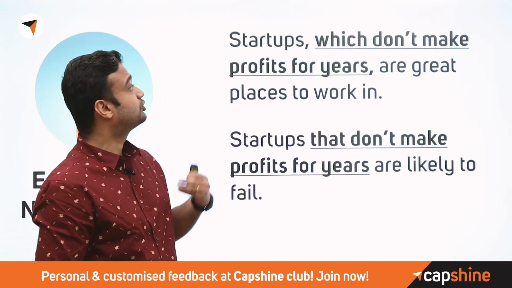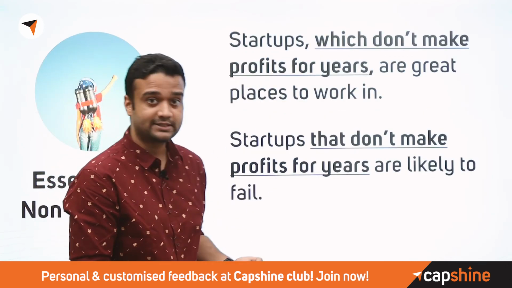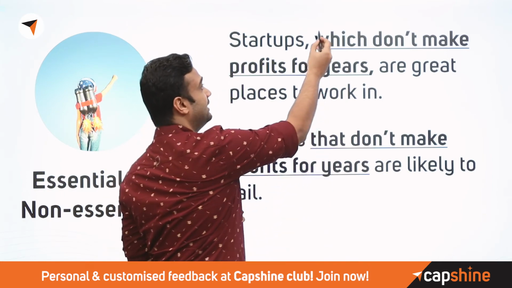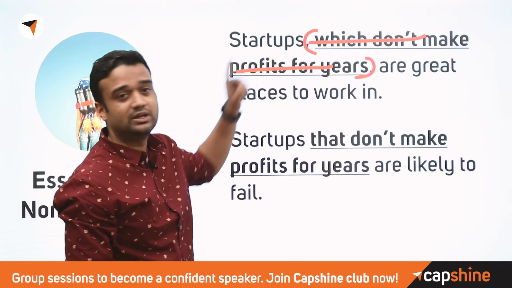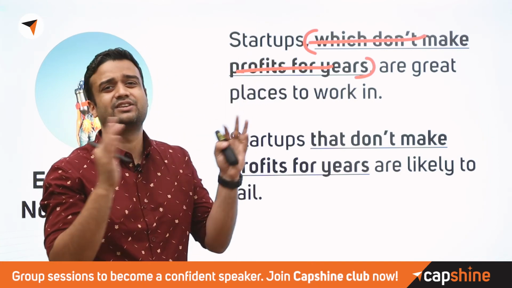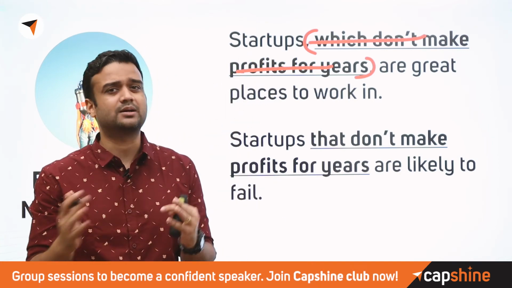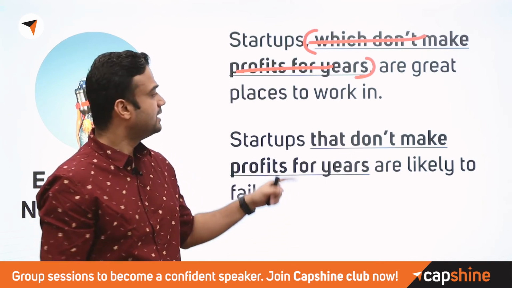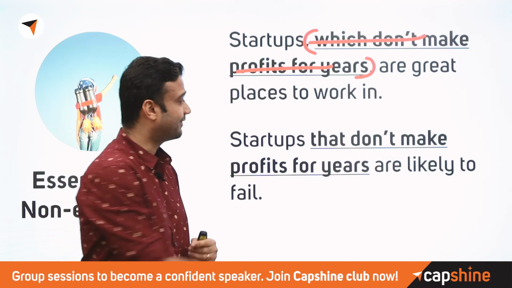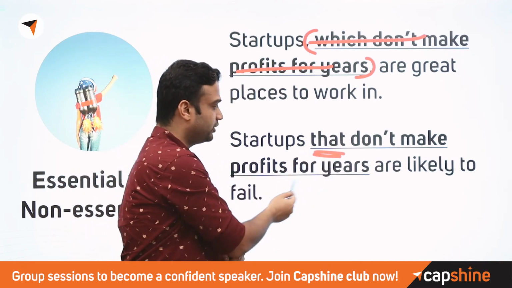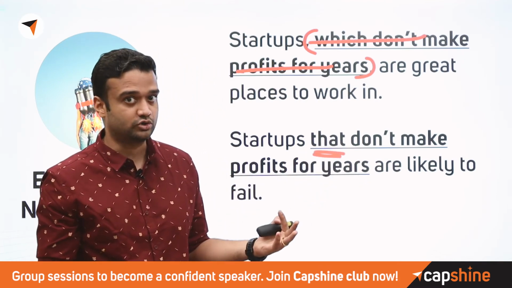Similarly, "startups, which don't make profits for years, are great places to work in." So here it just says startups are great places to work in, right? It's just additional information about startups. It doesn't really matter. And what I'm trying to say is that startups are great places to work in. But when you use an essential modifier or essential word like that, notice how I'm not putting commas before and after because you cannot close it off.